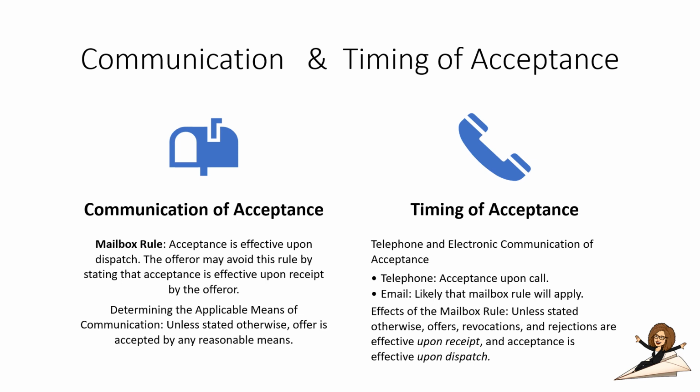So acceptance is effective upon dispatch. That's a holdover from when we used to send most things via actual hard mail. But the mailbox rule also applies with electronic mail.